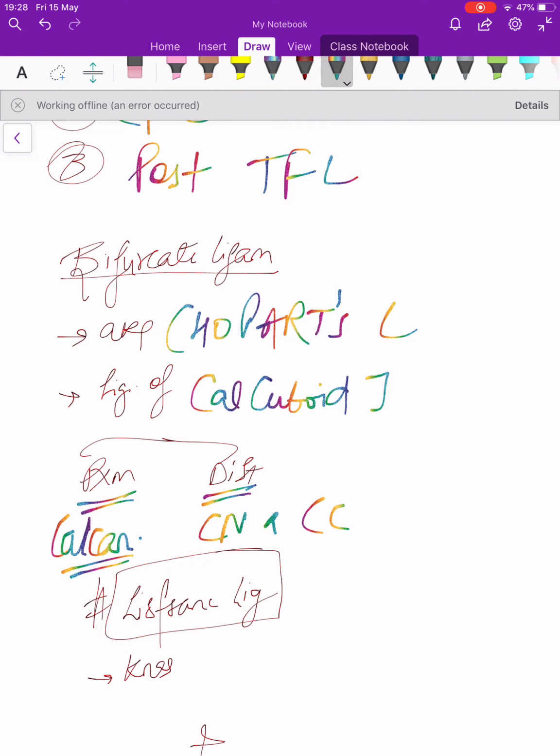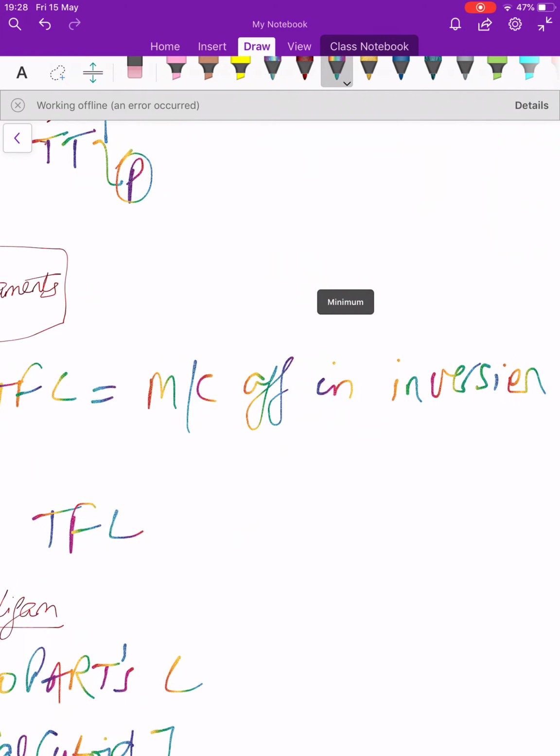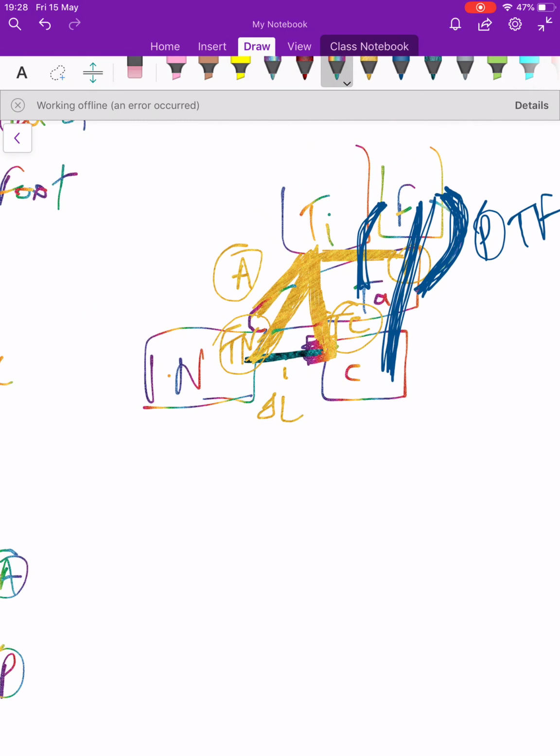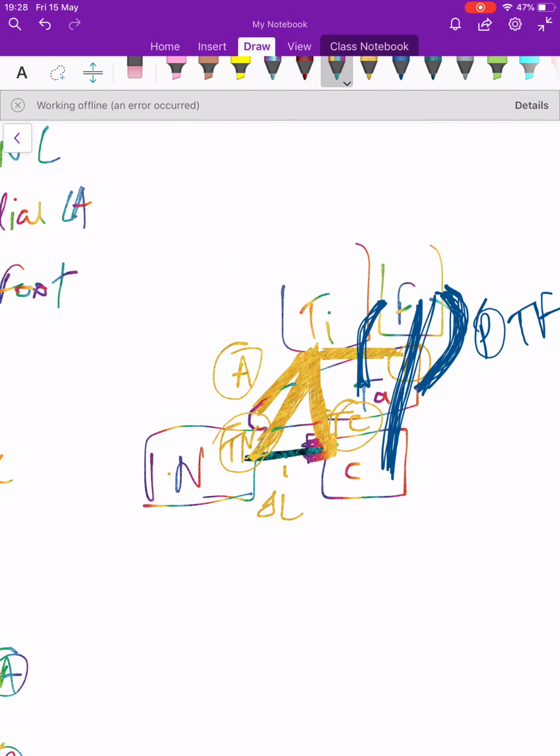ठीक है, दिस इज कॉल्ड एज द चोपार्ट्स लिगामेंट. तो इसको देखने की कोशिश करते हैं कैसे हो सकता है ये. Like proximally it is attached to the calcaneum and the distally to the calcaneo.